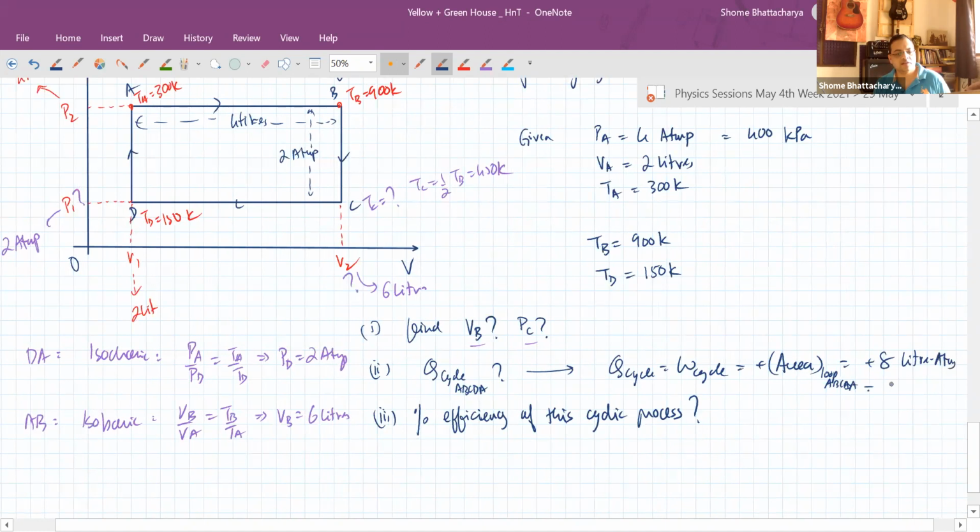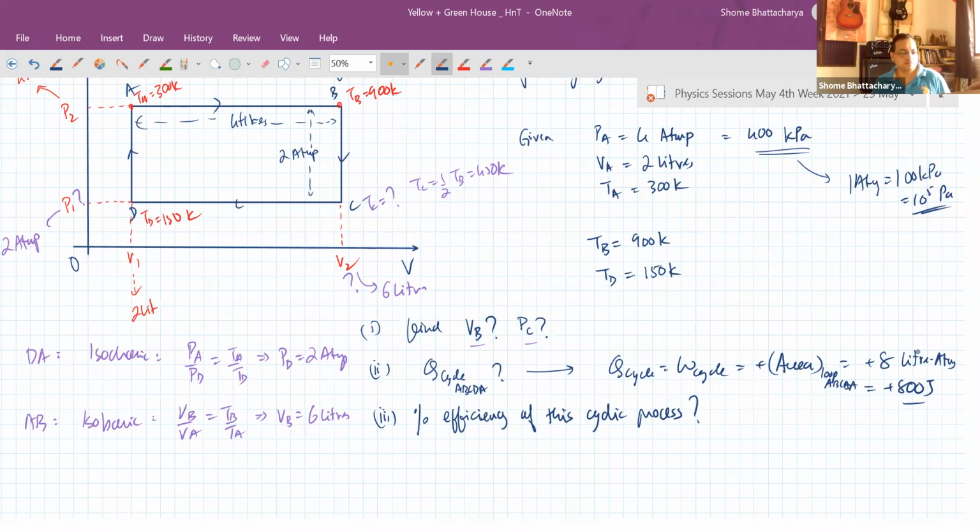Or in this case, we'll write it as plus 800 joules because we are taking 4 atmospheres as 400 kilopascals. That means we are taking 1 atmosphere as 100 kilopascals or 10 raised to the power 5 pascals. Therefore, 1 liter atmosphere will be 100 joules. So good, most of you have got this correct.